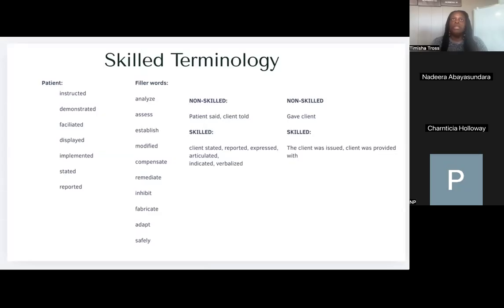Okay, sure. So, for example, you can use inhibit if you're working with someone that has very strong, let's say, spasticity. Let me say it in layman's terms.